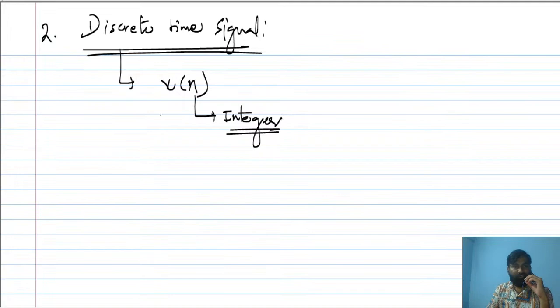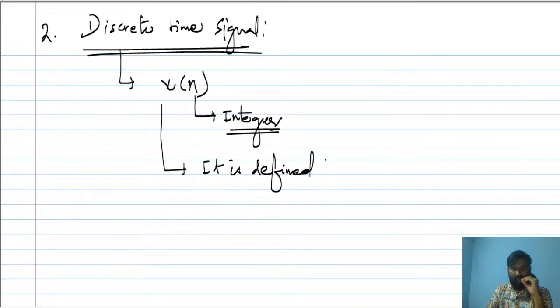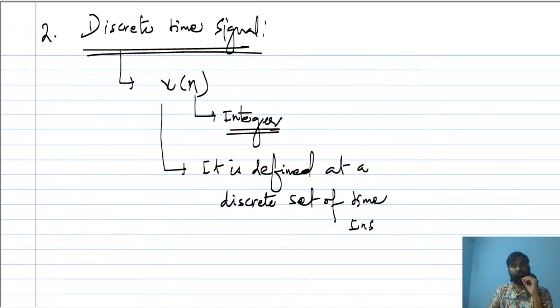So what is discrete time signal? If somebody asks, what is discrete time signal, what's your definition? The definition should be: it is defined at a discrete set of time instants.